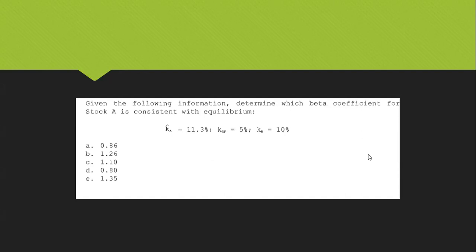B said Tristam. B. Okay, correct. So I think everyone got the correct answer. Just chat here in our chat box. I believe that everyone got the correct answer. So the correct answer is letter B, 1.26.